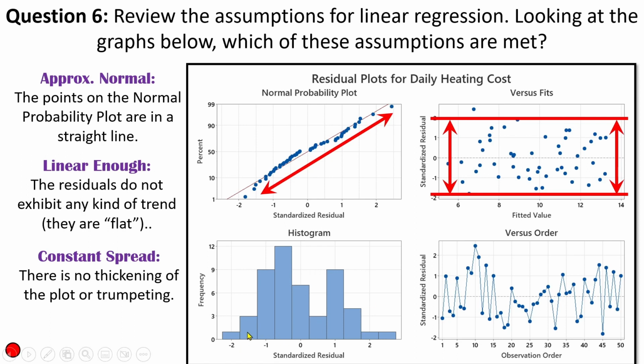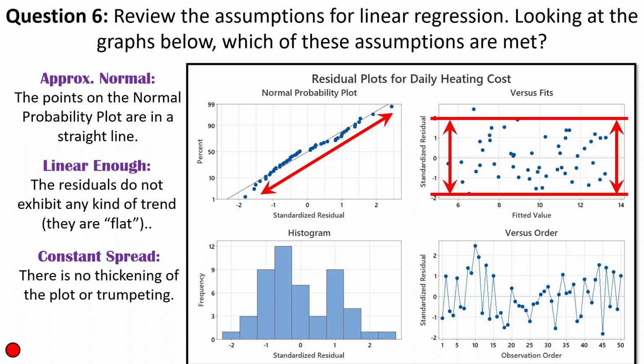Here we have 1, 2, 3, 4, 5, 6, 7, 8, 9, 10 bins. So the histogram sorted the data with 10 different bins. If you were to use, say, 6 bins instead, this gap would disappear and the histogram would look like it's unimodal. So the point is, histograms aren't really the best way of assessing normality, especially if there's not many data points.